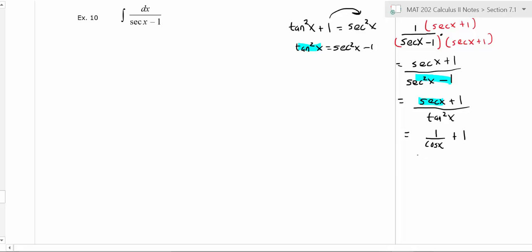I'm going to change the tangent to what it's equal to. We have an identity for tangent: remember, that is the sine over the cosine, so that's going to be sine squared x over cosine squared x. Now I have a complex fraction, so since I need to get rid of a cosine and a cosine squared, I'm going to multiply by cosine squared x.